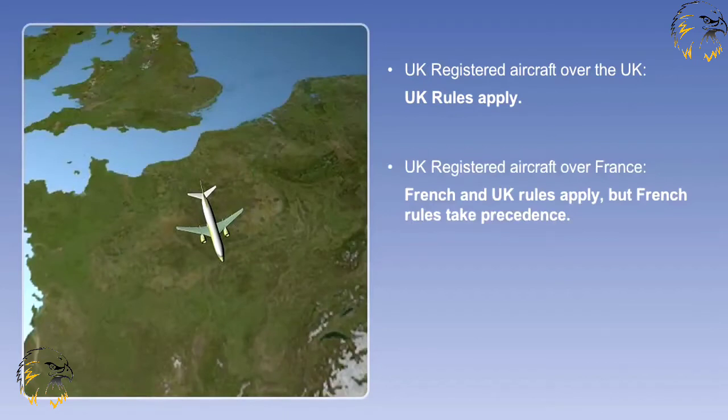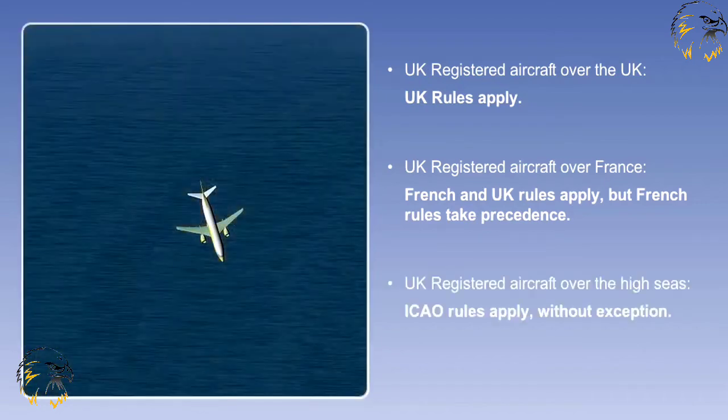For a UK registered aircraft flying over, say, France, French and UK rules apply, but the French rules take precedence. For UK registered aircraft flying over the high seas, ICAO rules apply without exception.